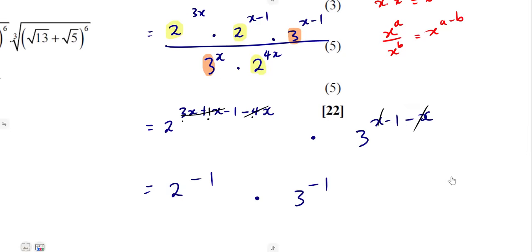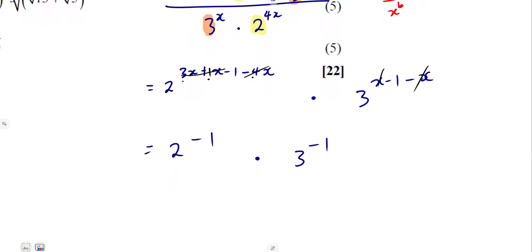Meaning to say, from this simplification, 2 to the exponent of negative 1 is 1 over 2, times 1 over 3. So this is just a direct multiplication: 1 times 1 in the numerator, the denominators together, 2 times 3. That is what? That is a 6. So this was going to give us 1 over 6 at the end.